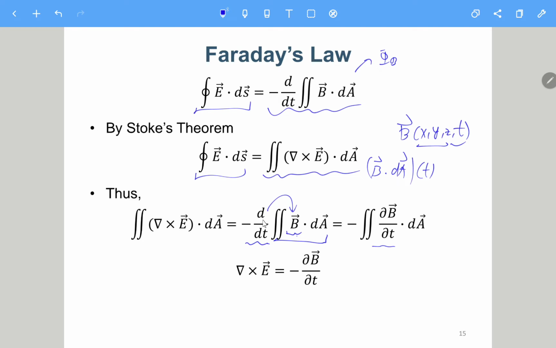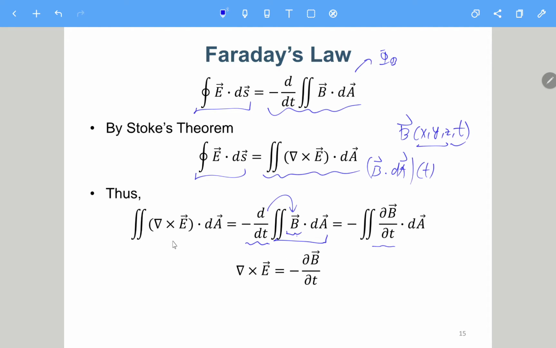So we try to put the derivative inside, which means that B is a function of x, y, z, and t, a function of four independent variables. So here we need to use the partial derivative rather than the original derivative.